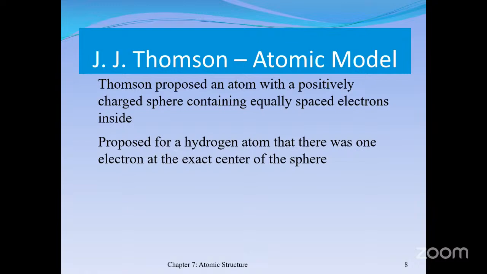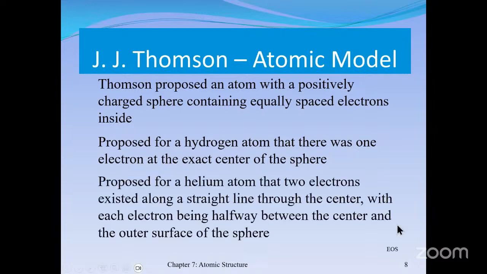But basically what he suggested is that an atom is basically a large sphere, which is positive, and embedded in that sphere are the electrons, negatively charged particles. So for example, he proposed that in the case of the hydrogen atom, which has one electron, that electron is embedded in the middle of that sphere, which is positively charged.